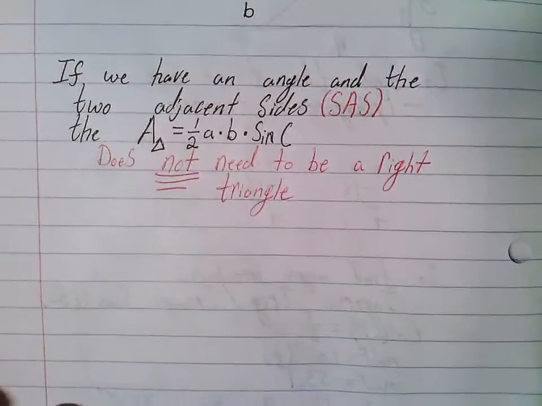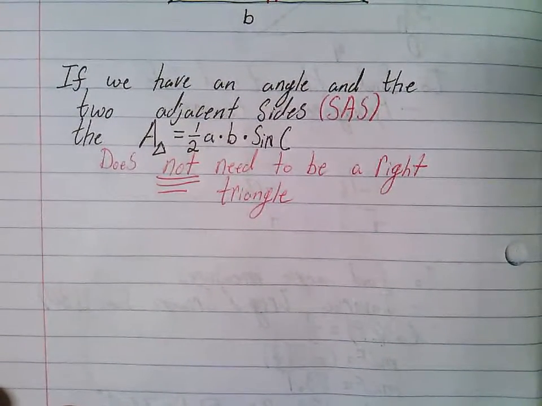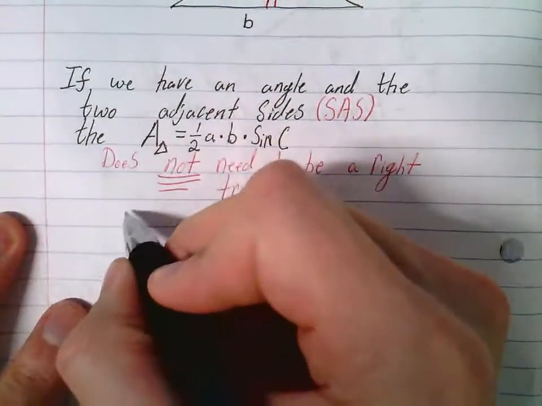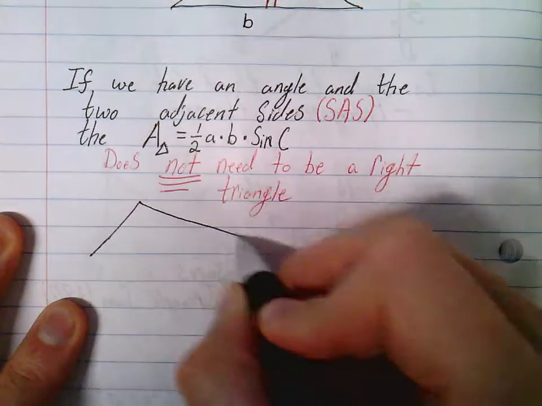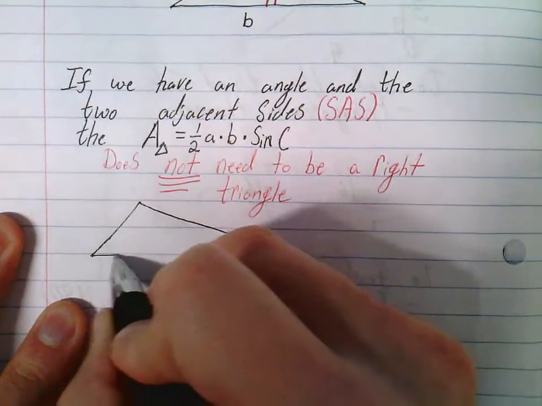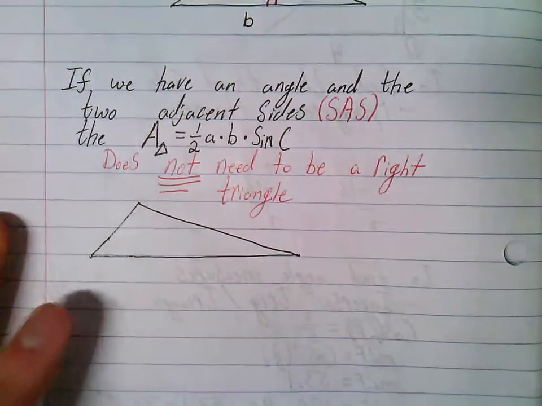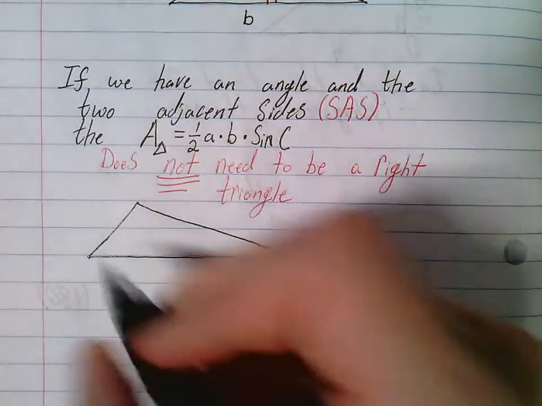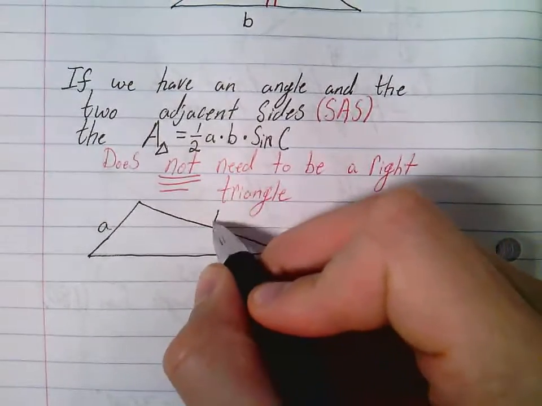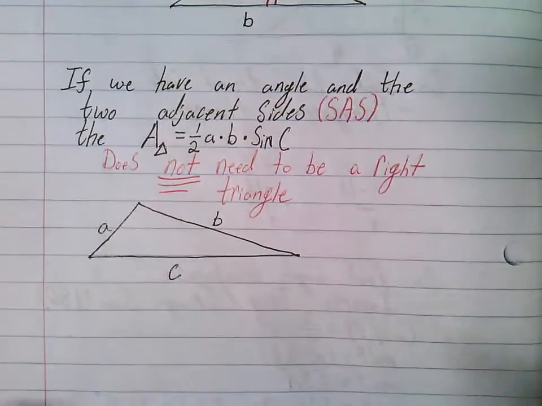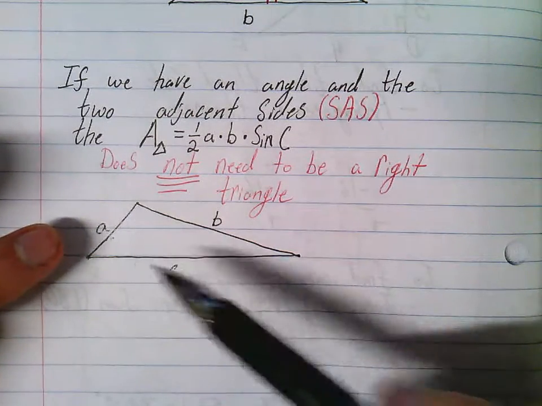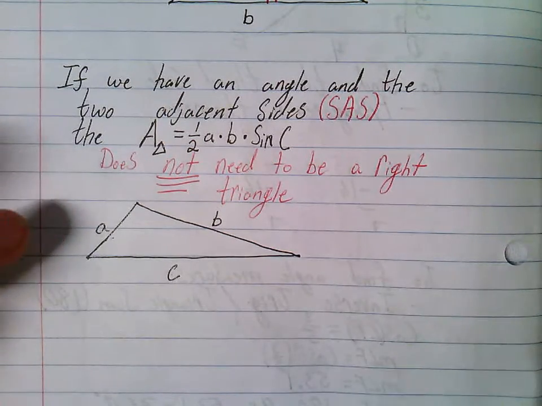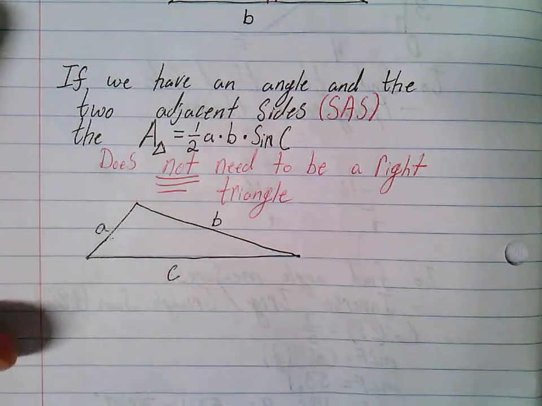Let's look at an example here, though. Let's say that I've got any arbitrary triangle. Let's call it this one. And let's say that I call this A, B, and C. When we name sides, we name the corresponding angles the capital letter across from that side.